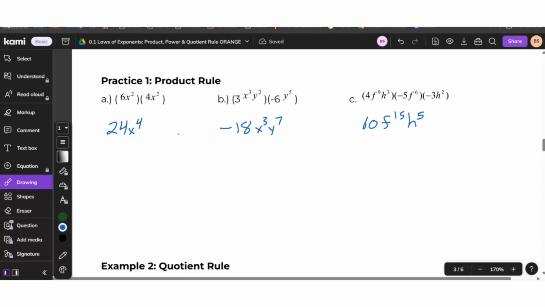Do all three of them. All three of them. Hey guys, I don't know why, but these are not supposed to be higher.